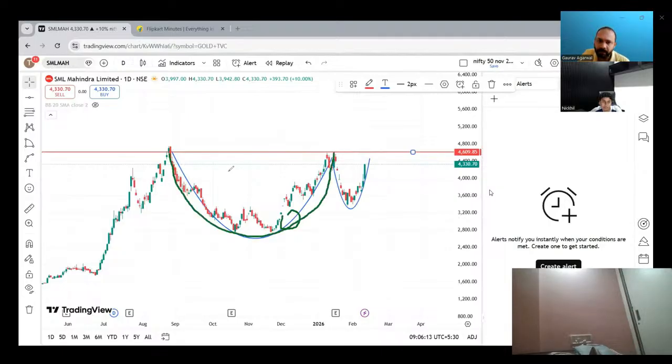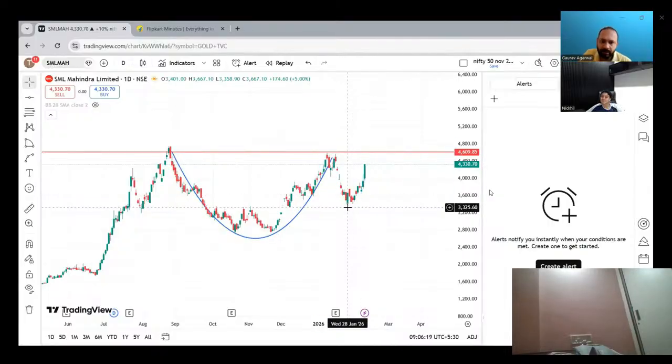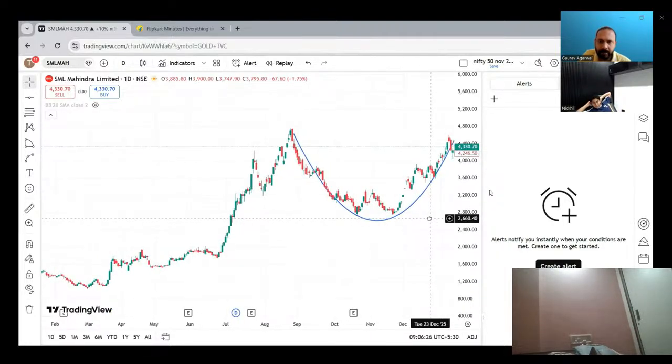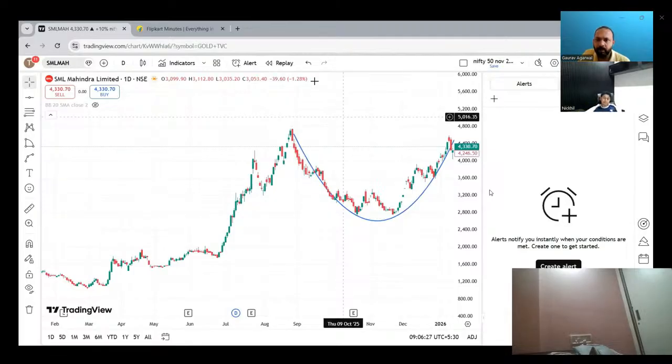We have one more pattern called rounding bottom, right? Big bottom. Yeah. So rounding bottom will look like this only, correct? Yes.